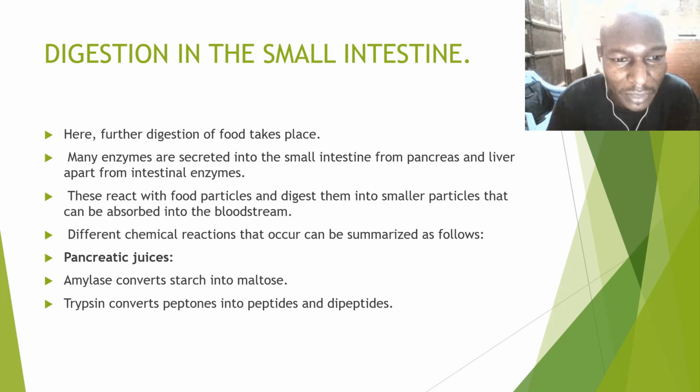There are a number of different chemical reactions that occur within the small intestine, and they can be summarized as follows. The enzymes of the pancreatic juice include pancreatic amylase. The amylase converts starch into maltose.